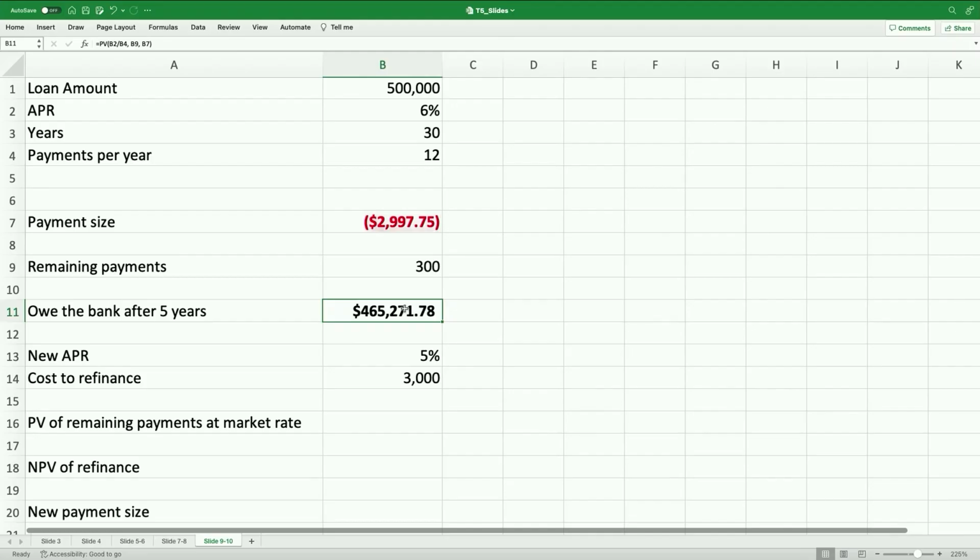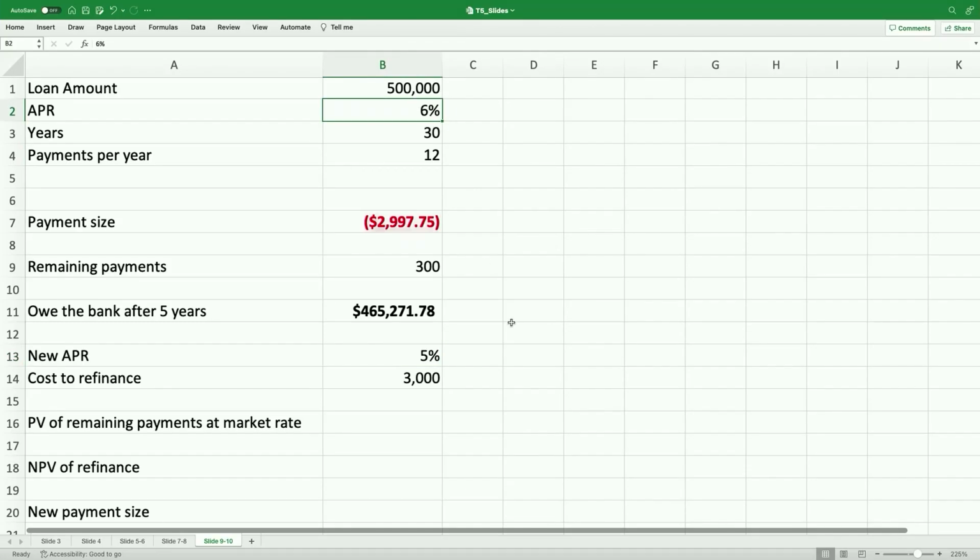Done with Wells Fargo. Make sense? And now you're borrowing $465,000 from B of A. That's how refinancing works, and you're borrowing that $465,000 at a lower rate, 5% compared to the 6% you had with Wells Fargo.